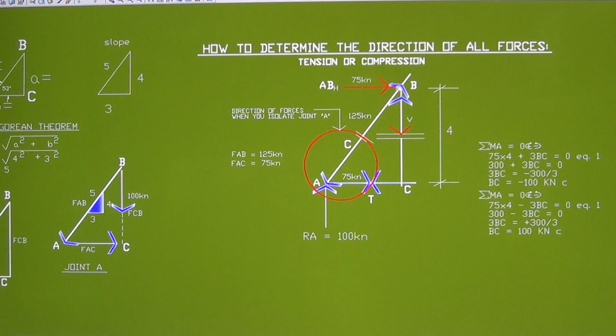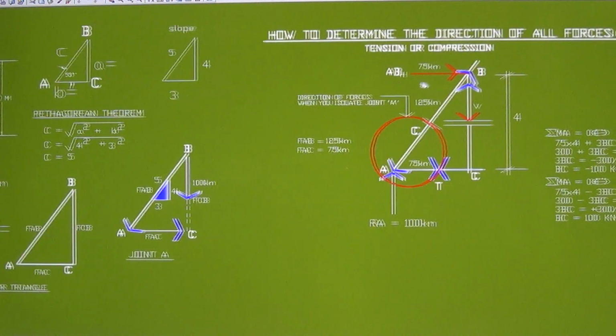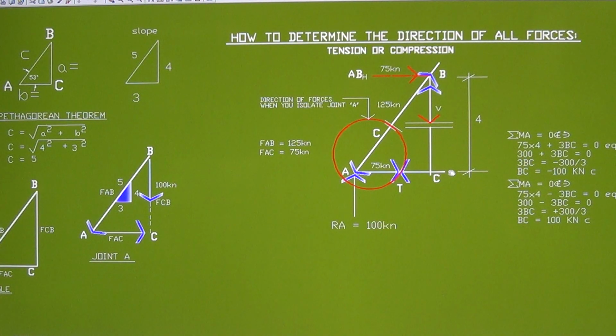When this is horizontal here going to the right, the next structural member should be going to the left. And also, if you take summation of moment horizontal, BD right there is equal to 75, guarantee that. And even here, horizontal forces, 75 right here too.